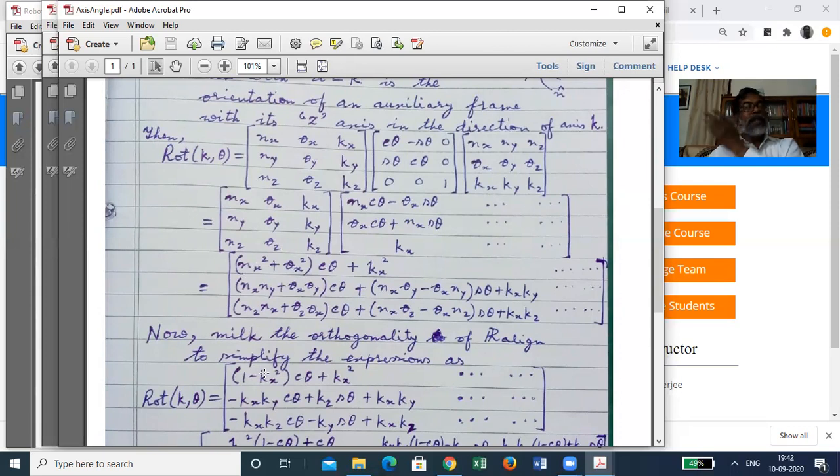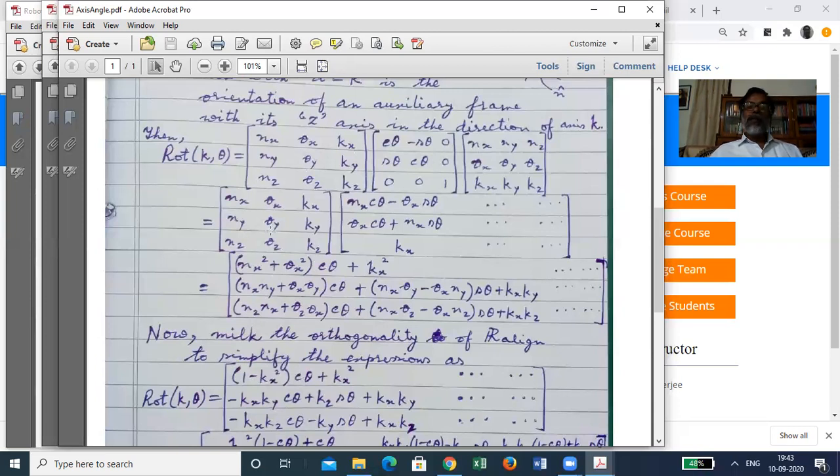We retain K and get rid of N and O, because K is defined and known, while N and O are arbitrary. Among them, they can vary infinitely. Whatever N, O you take in that plane, so as to make these three unit vectors form a right-handed triad, that is acceptable. So we get rid of these NO elements which have some level of arbitrariness, and in place of this we get 1 minus kx square.